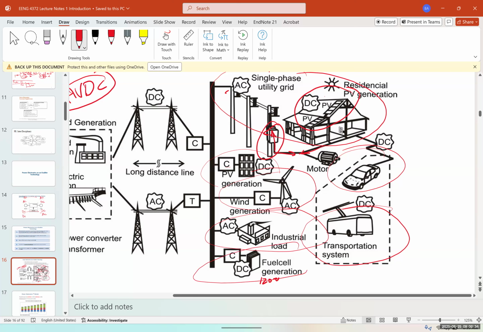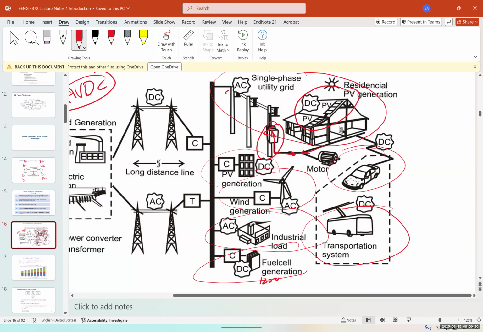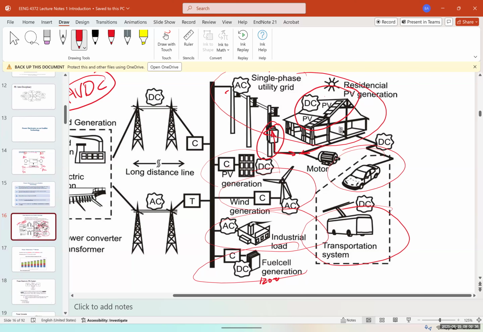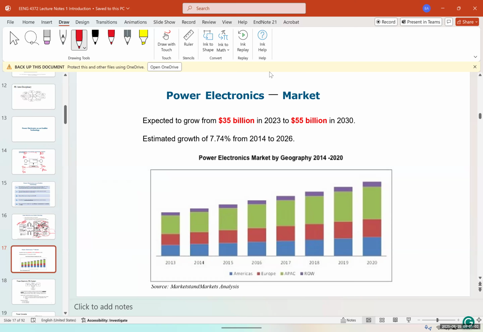And fuel cell generation. And another topic that is growing is these power systems, the large storage systems that use huge batteries to store energy for later use. The market is expected to grow from 35 billion in 23 to 55 billion in 2030. The estimated growth is 7.74% from 2014 to 2026.